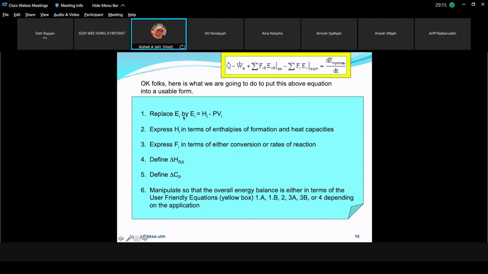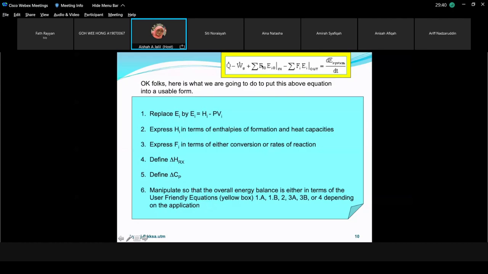So they have to replace E_i by E_i equals H_i minus P V_i, and then express this in terms of enthalpies of formation and heat capacities, and express F_i in terms of conversion or rates of reaction.